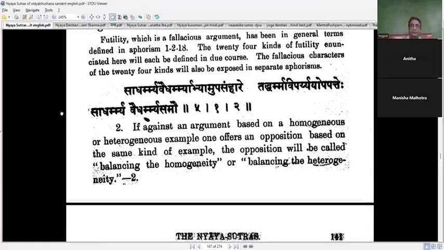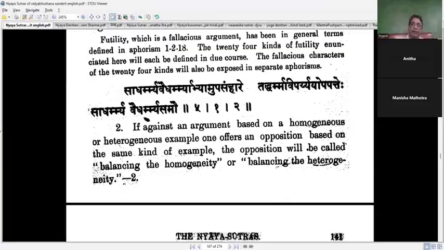So sadharmya, vaidharmya, samau. Sama is again the same balancing, you can apply it everywhere. This represents the different logical fallacies.